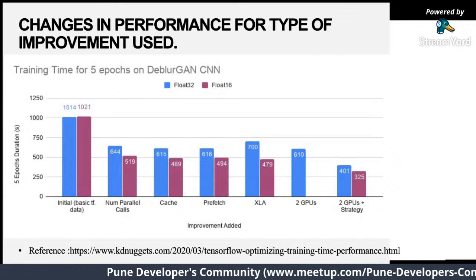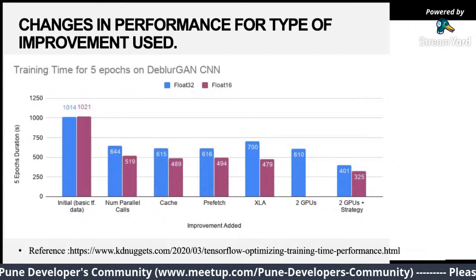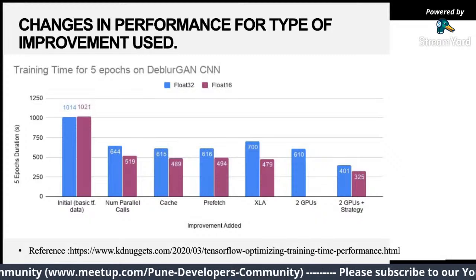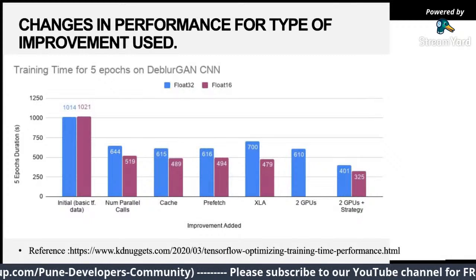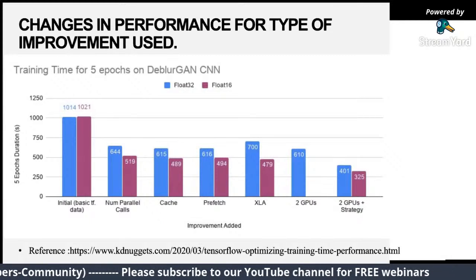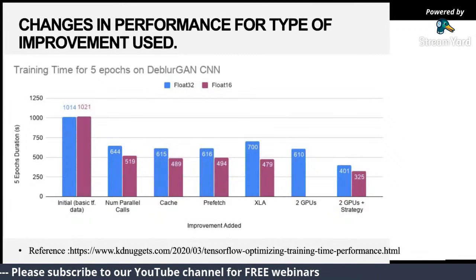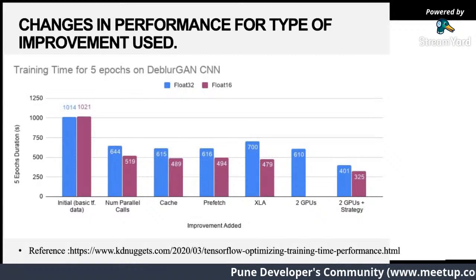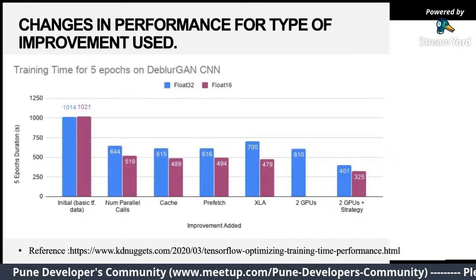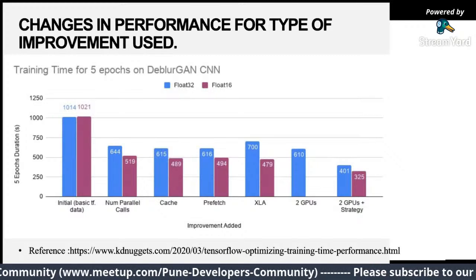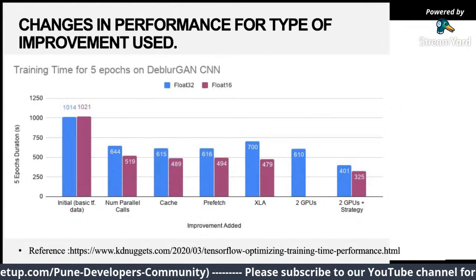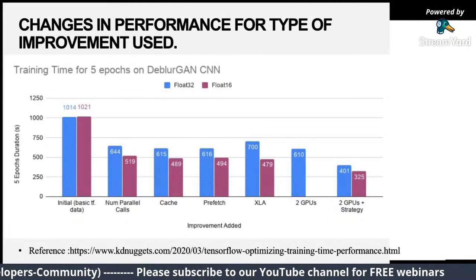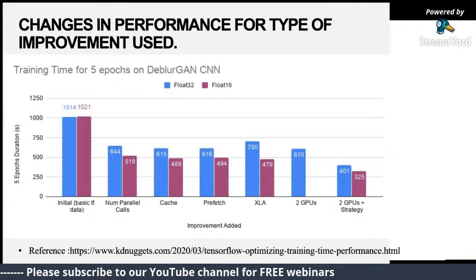This prefetch call will get the data required for the t plus 1th call beforehand, while the tth call is already being executed, so that after it finishes, all the data required for the t plus 1th step is already available with the CPU or GPU. This saves a lot of time from handing over data from CPU to GPU and doing disk IO operations constantly.